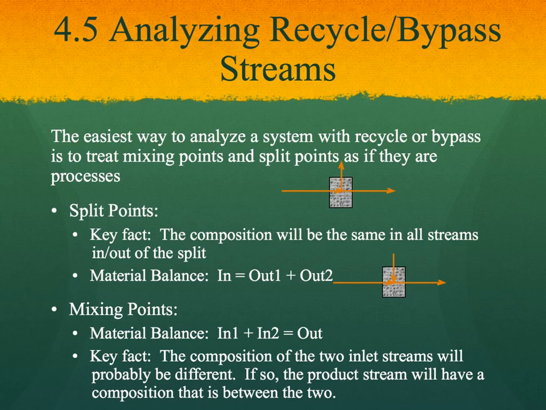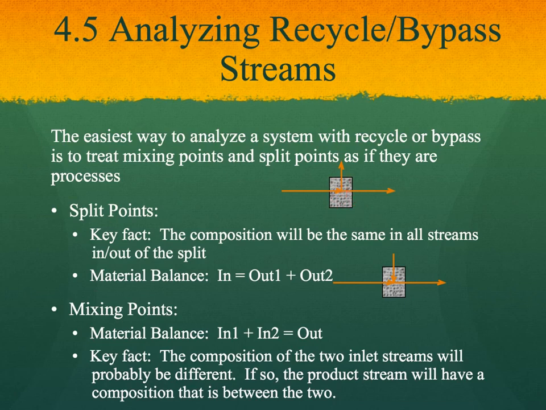Analyzing these requires me to look at those two special spots where I either split the stream or mix the stream. Okay? Now let's look at the split points first. The easiest thing to do is to simply take my streams, which are drawn as little lines with arrows, and block out as if there was a little invisible unit there.